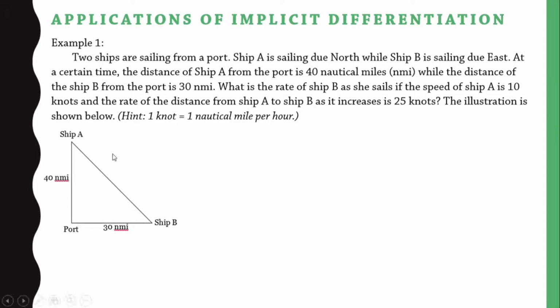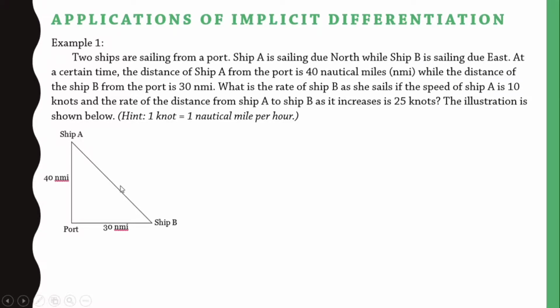So take a look at the illustration below to make this problem clearer. Now we have here ship A, because it is sailing due north, 40 nautical miles away from the port. So if this is the port, this is north and 40 miles away. Next, ship B is sailing east of the port, 30 nautical miles away.